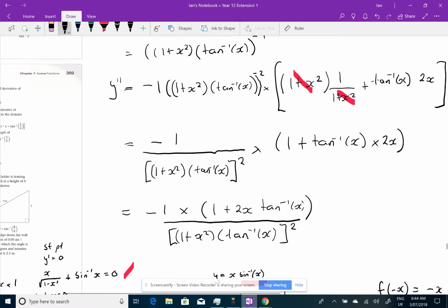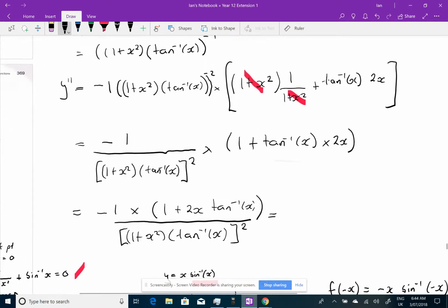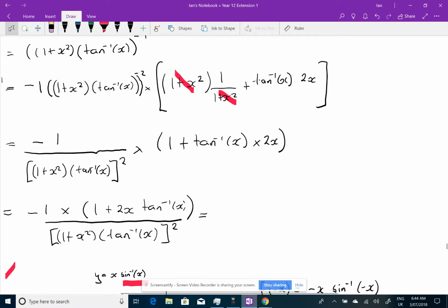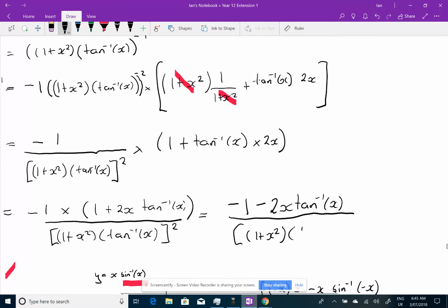And then I'm just going to multiply that negative through, and I'm going to go across, which I shouldn't do, but there's no space underneath. Negative 1 minus 2x inverse tan, or arc tan x, all over 1 plus x squared inverse tan x, all squared, which is the answer for the second derivative.